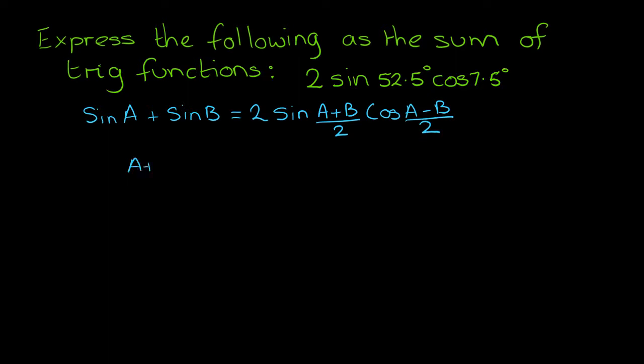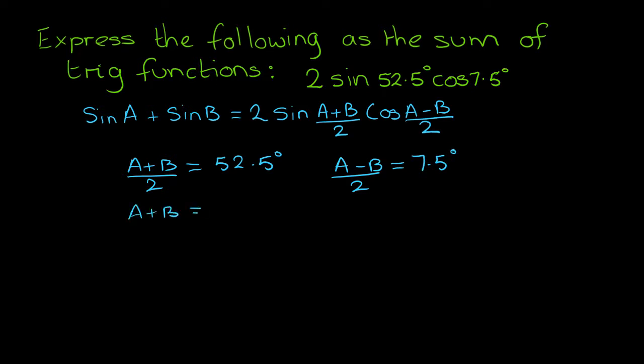So A plus B over 2 must equal 52.5 degrees, and A minus B over 2 must equal 7.5 degrees. So A plus B equals 105 and A minus B equals 15.